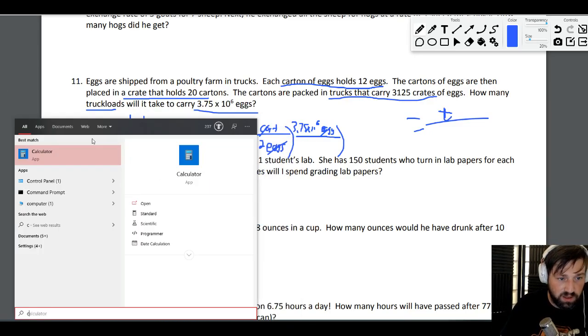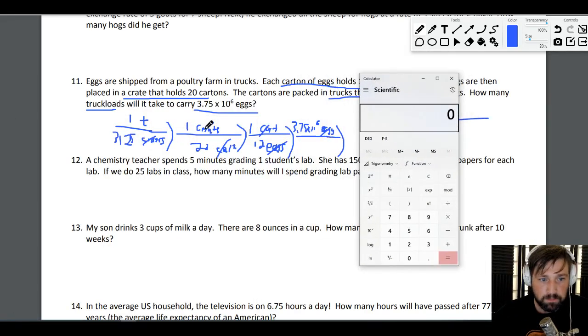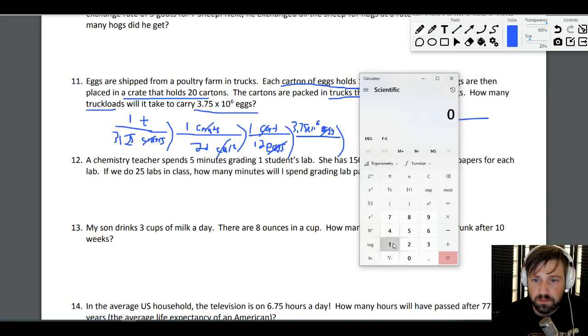All right. Let's actually calculate this. I'm interested. So 1 divided by 3,125 divided by 20 divided by 12. And then we're going to multiply this by 3.75.